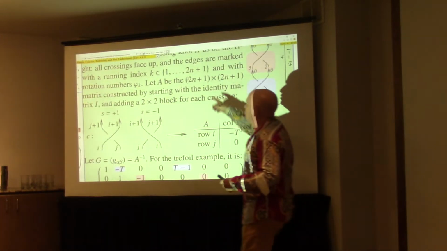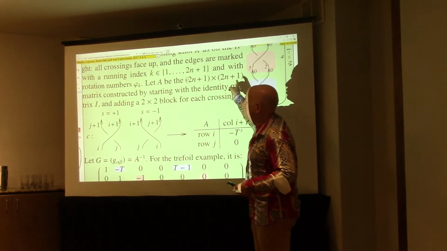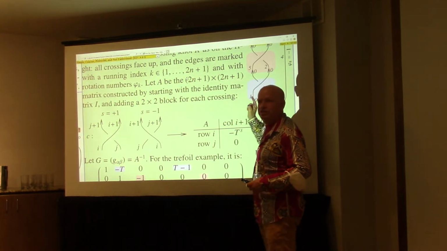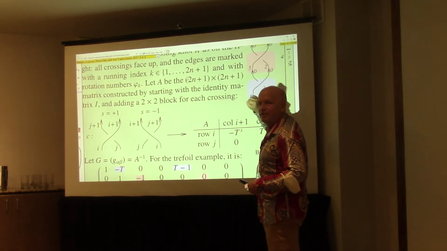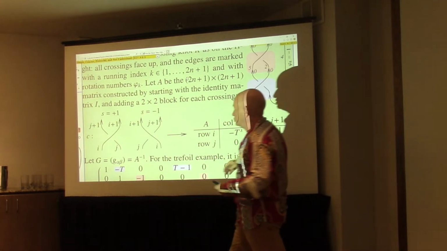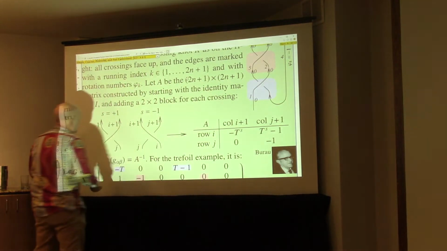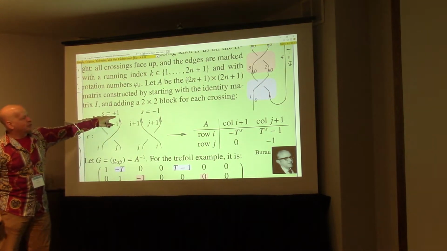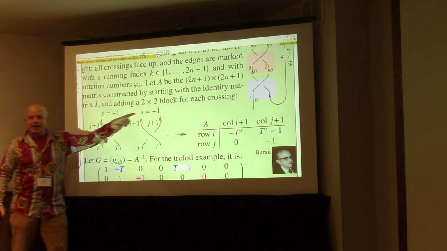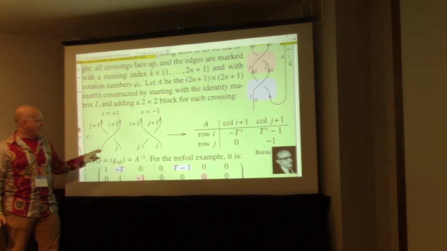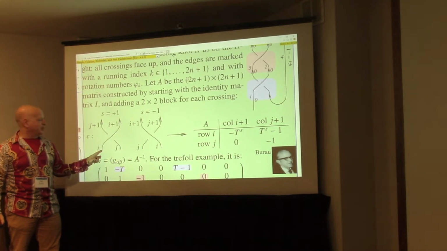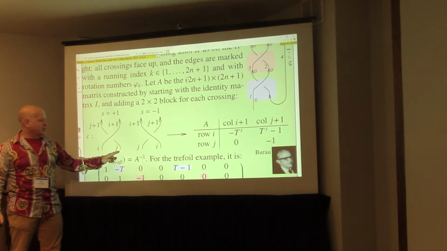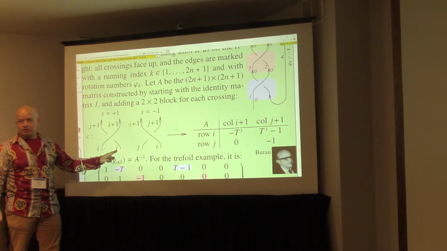And then you create a matrix as follows. You start with the 2n plus 1 by 2n plus 1 identity matrix, and then for each crossing you add a block as follows. There are two types of crossings, positive crossings and negative crossings, and in each case I will assume that the incoming upper strand is labeled i, and the incoming lower strand is labeled j.